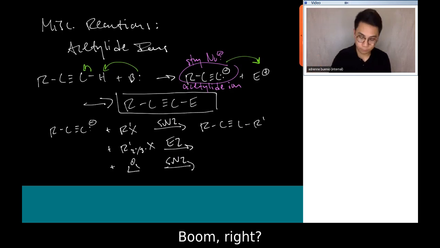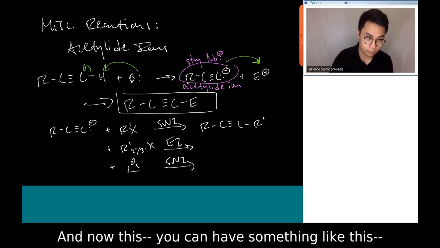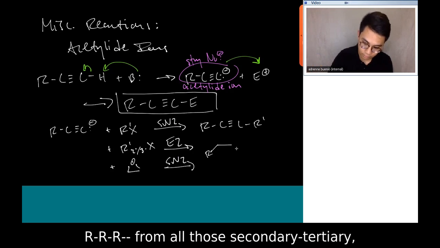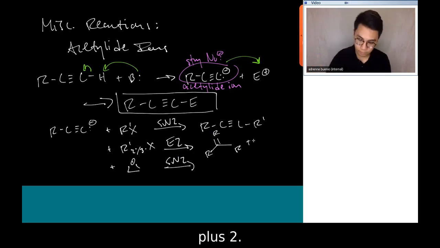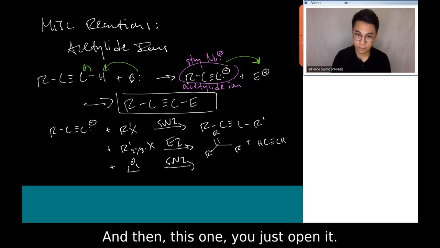Boom, right? And now you can have something like this, R, R, R, right? From all those secondary, tertiary. So depending on which, plus C, right? And then this one, you just open it.